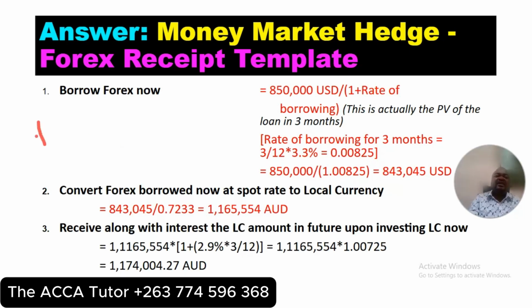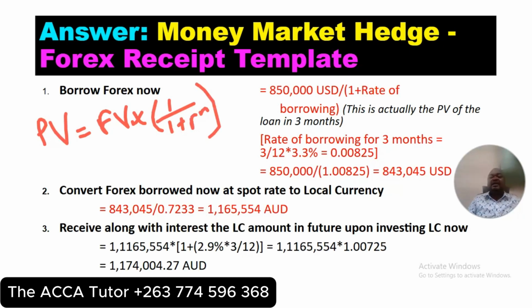Remember the PV formula is equal to the amount, or the future value, multiplied by 1 over 1 plus R to the power n. That's how we compute the present value.